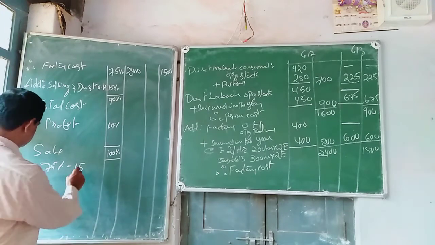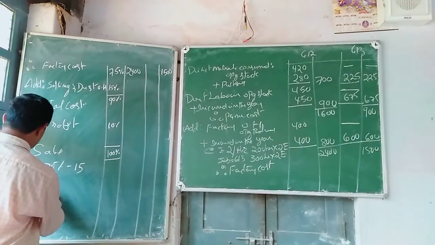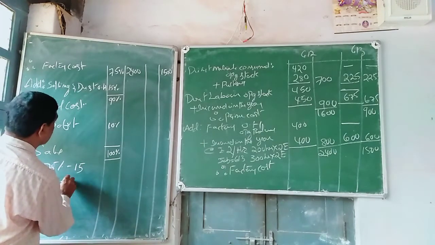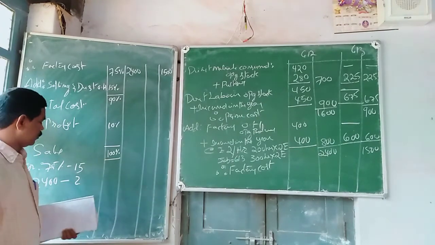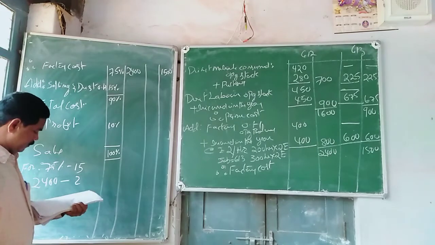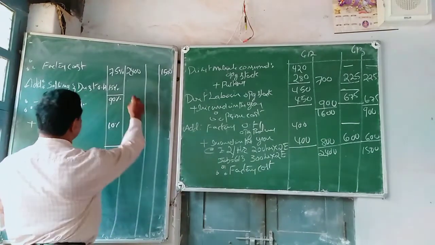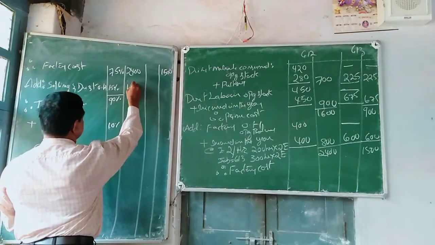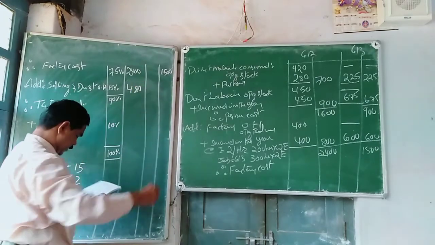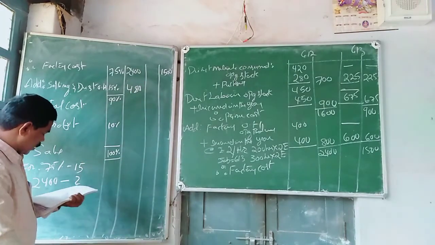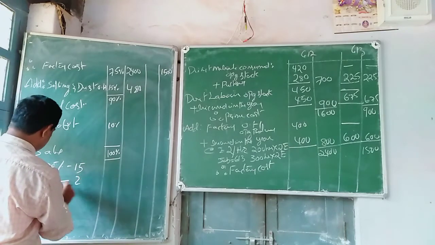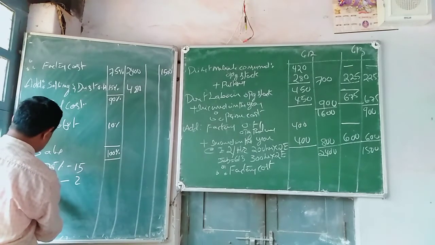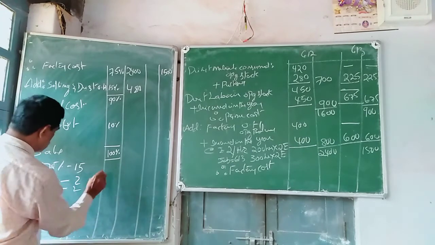For 2,400, how much? It will be 480. So also for the other one, 1,500, how much?